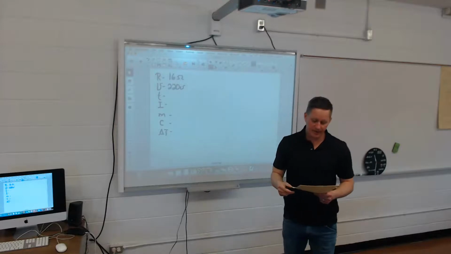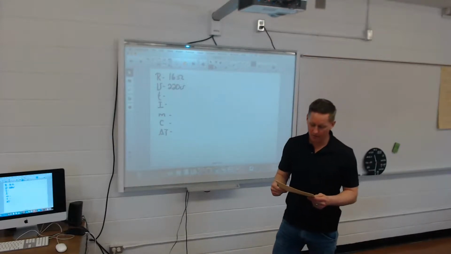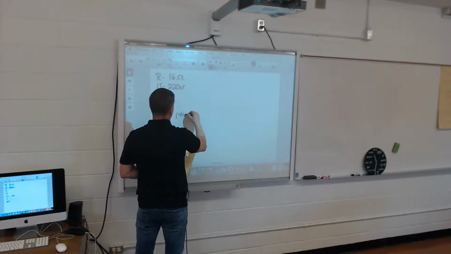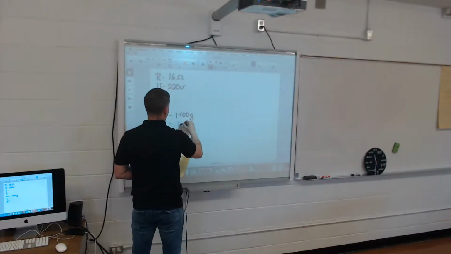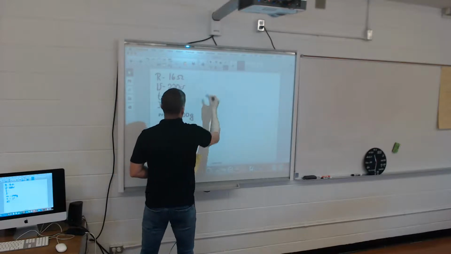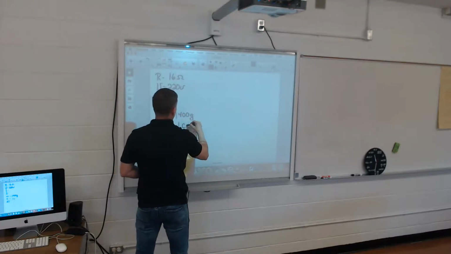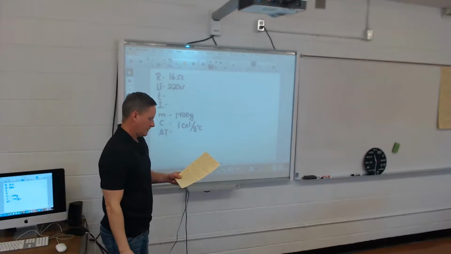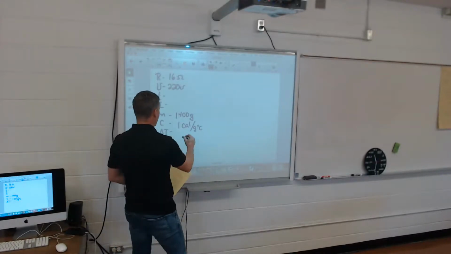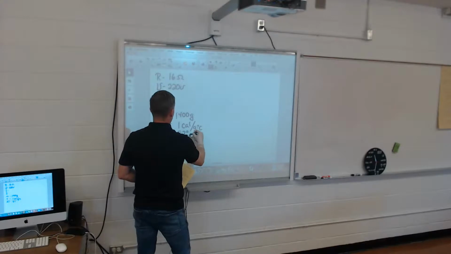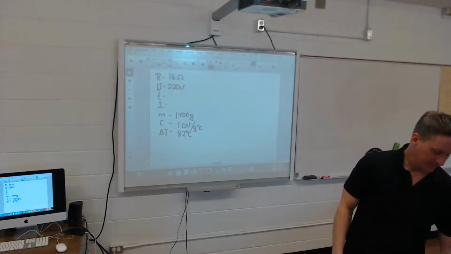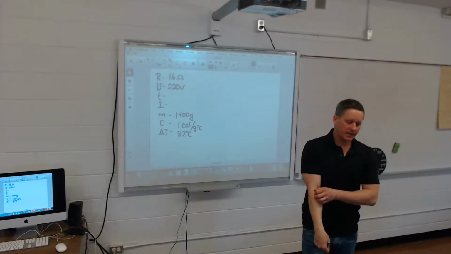The amount that's actually being taken out of the output would be: how long will it take to heat 1.4 kilograms of water? So 1,400 grams of water, which has a specific heat constant of 1 calorie per gram degrees Celsius, and 18 to 100, 82 degrees Celsius. So they give you the equation there.